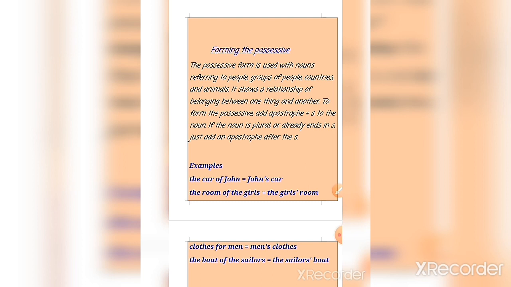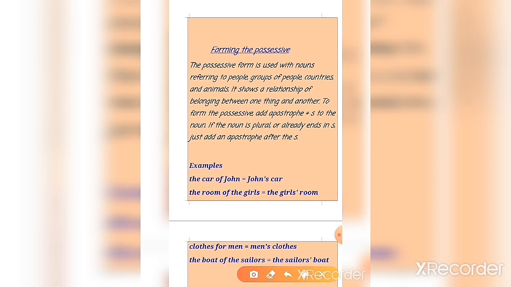It shows a relationship of belonging between one thing and another, as I explained. To form the possessive noun, first of all we have to add an apostrophe and then s to the noun. If the noun is plural or already ends in s, just add an apostrophe after s.